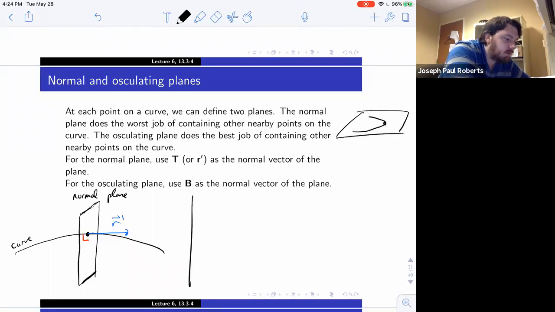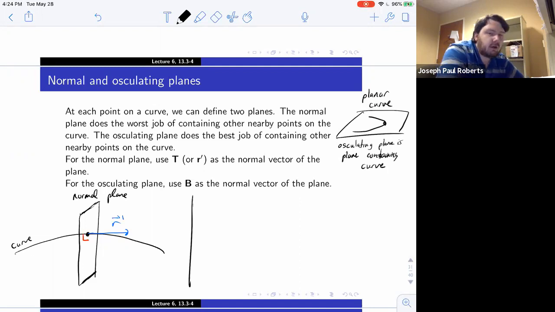If I have a planar curve, the osculating plane is the plane containing the curve. But not all curves are planar. Most curves, if I just randomly wrote down an equation, it's probably not going to live in a plane.